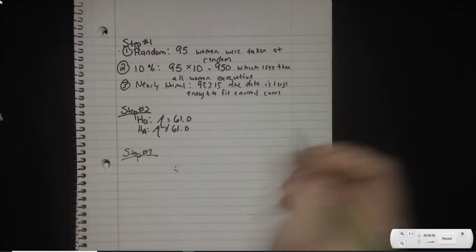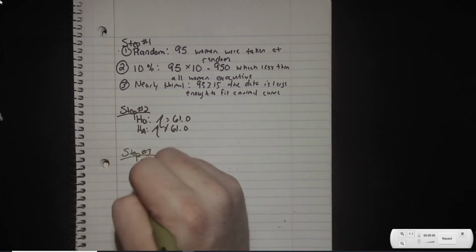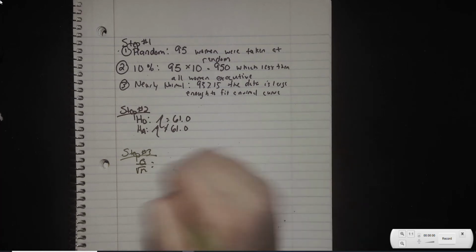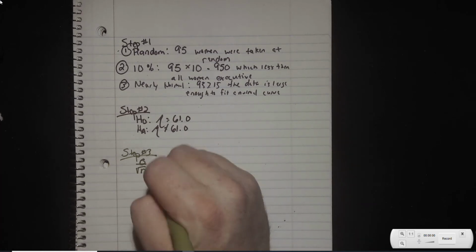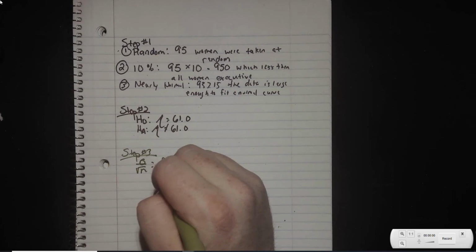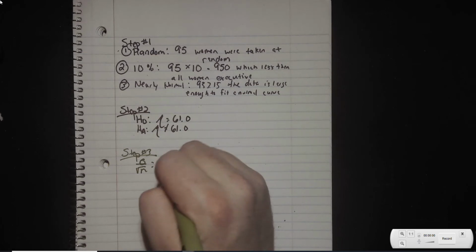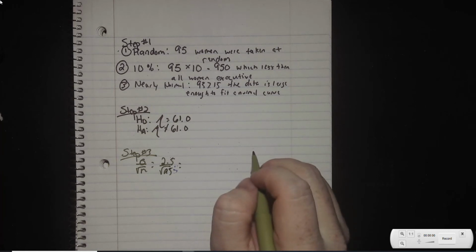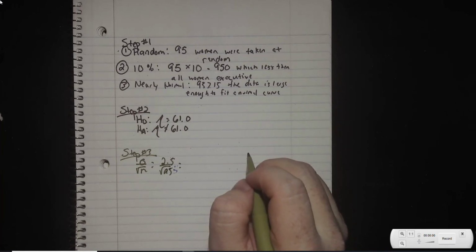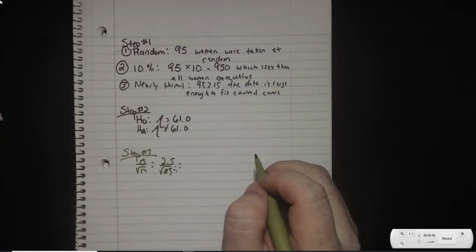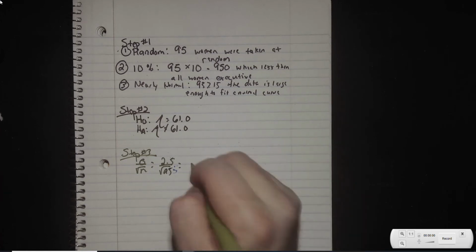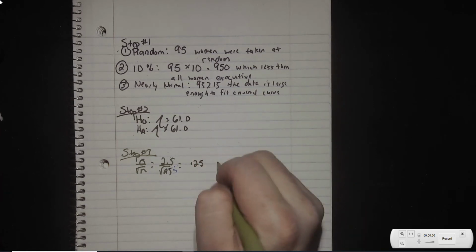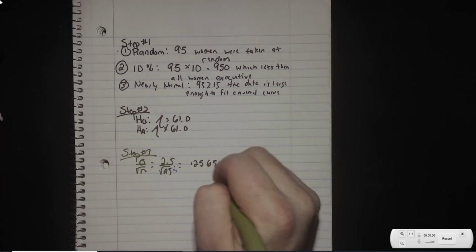So let's see. I need to do 2.5 over the square root of 95. So that gives me 0.2565.